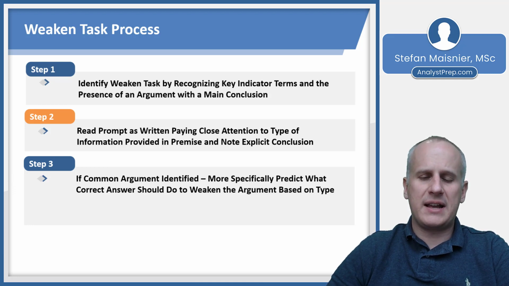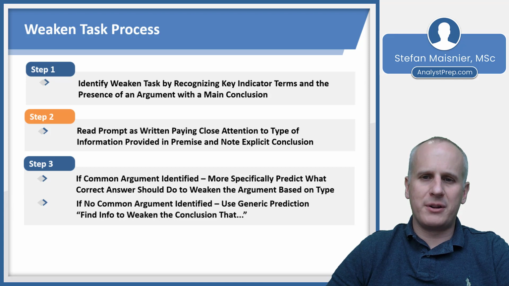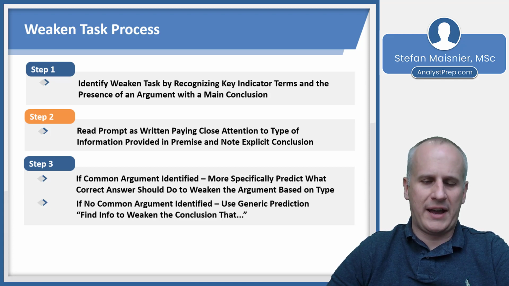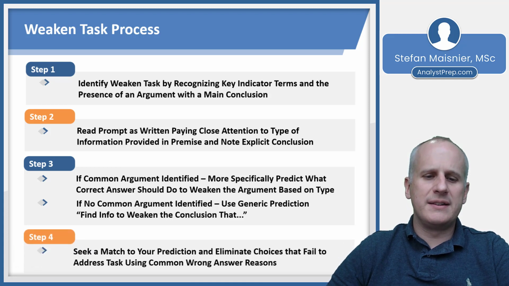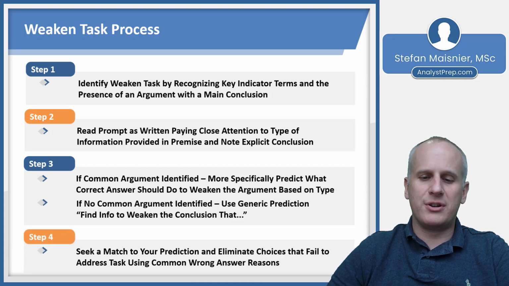And if a common argument is identified, you'll be able to more specifically predict what the correct answer should do. But if no common argument is identified, you could use a generic prediction, find info to weaken the conclusion. And then step 4, of course, seek a match to your prediction and eliminate choices that fail to address that task by using our common wrong answer choices that you're hopefully familiar with by this point.